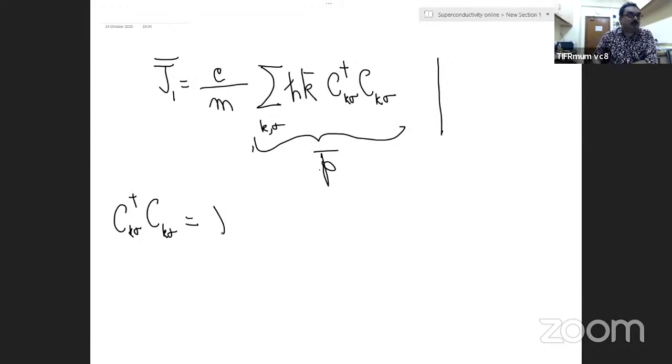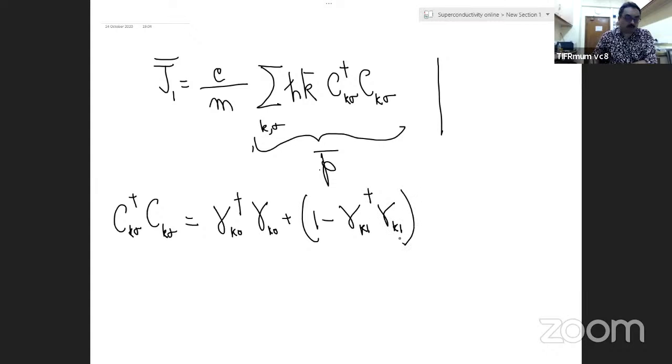I will write what you will get: gamma k0 dagger gamma k0 plus 1 minus gamma k1 dagger gamma k1. That is what you get. Now plug this in here. I'll take the h-bar outside.